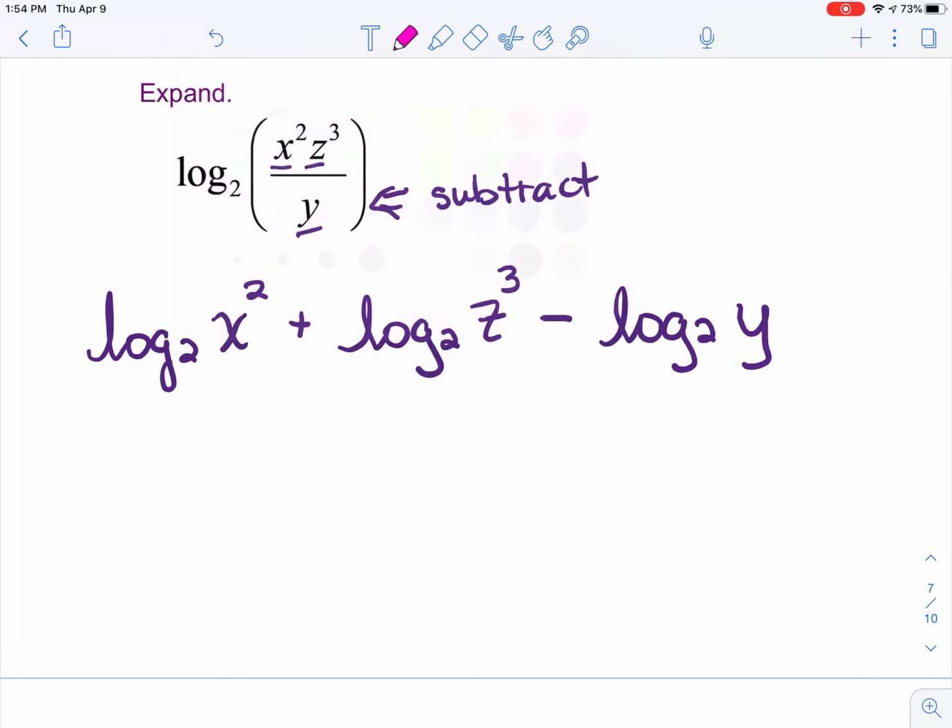The next thing we have to do is pull these exponents to the front.